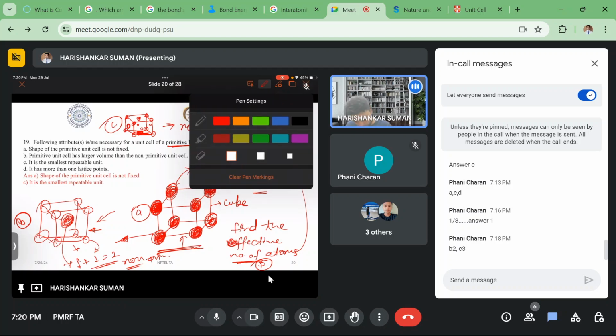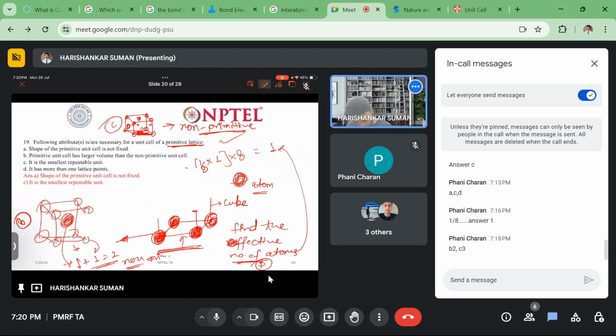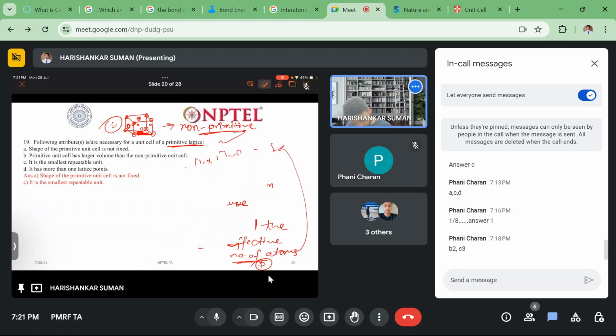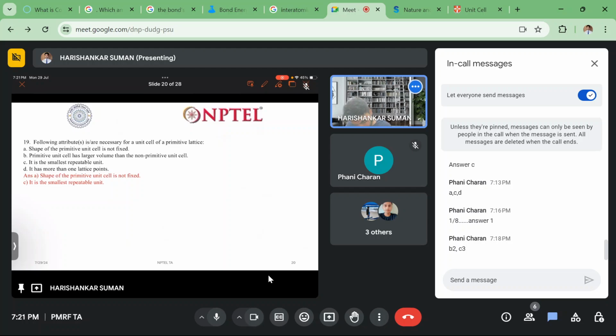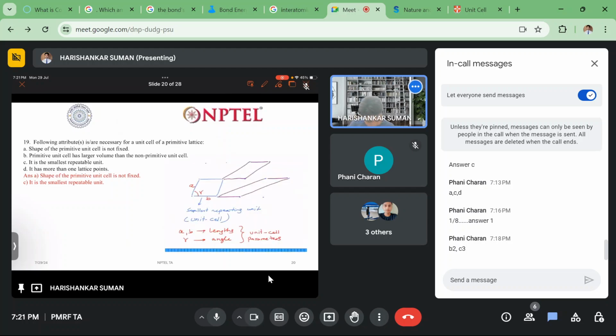So prepare this type of question also. This is the smallest repeatable unit and can be of any shape; the size itself is not fixed for a primitive cell.